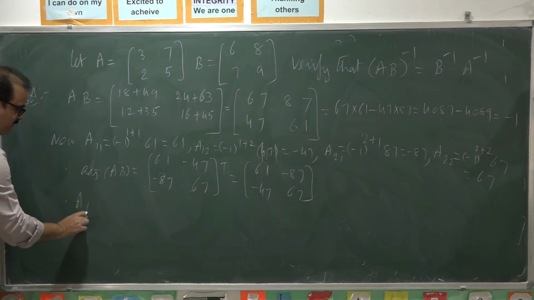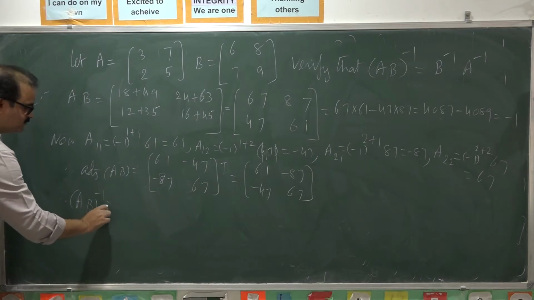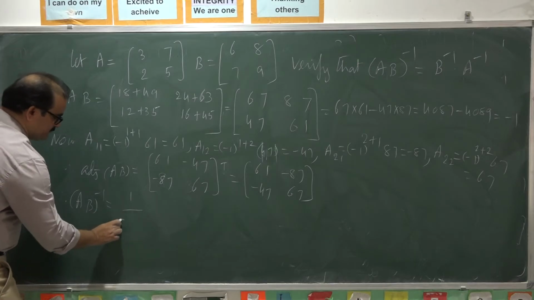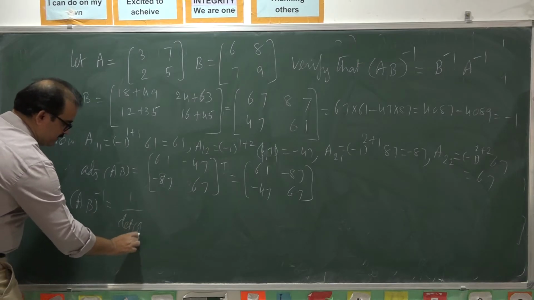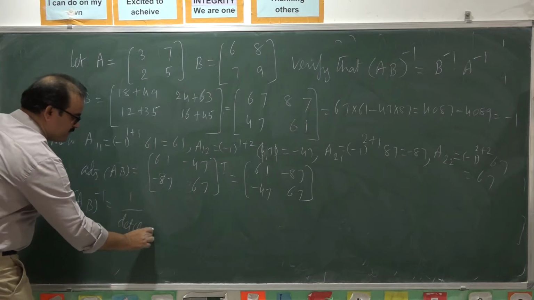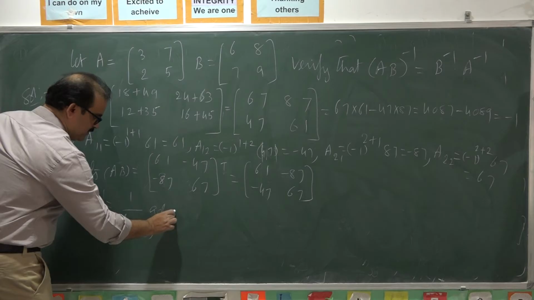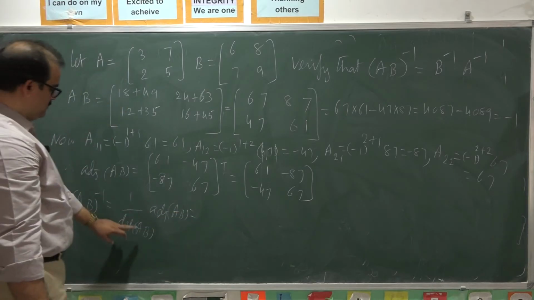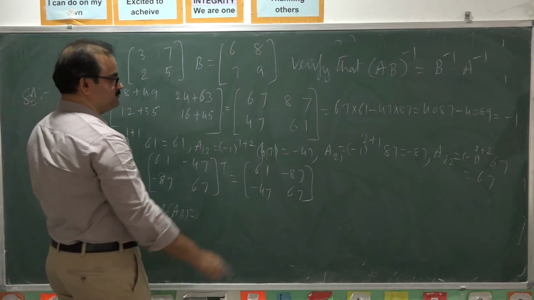Next, therefore AB whole inverse is equal to 1 by det AB into adjoint of AB, from the formula A inverse is equal to 1 by det A into adjoint A. What is the det AB value?